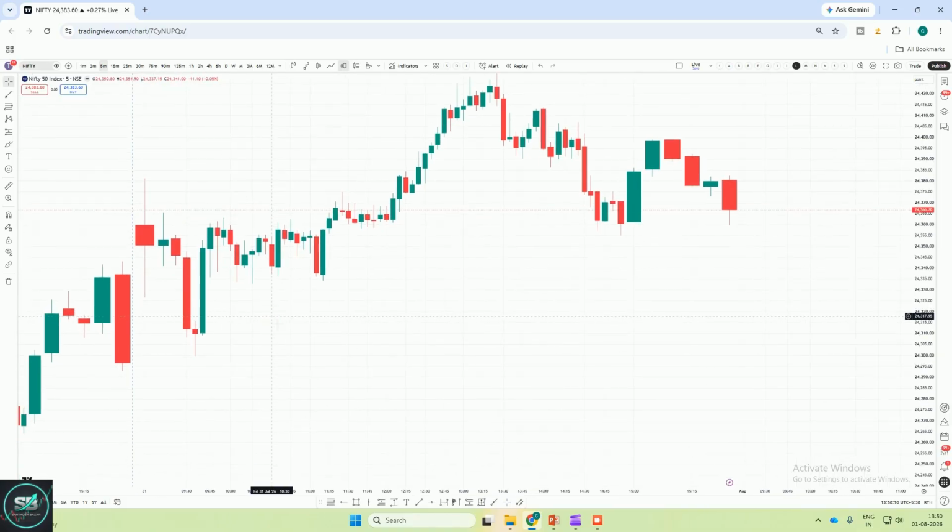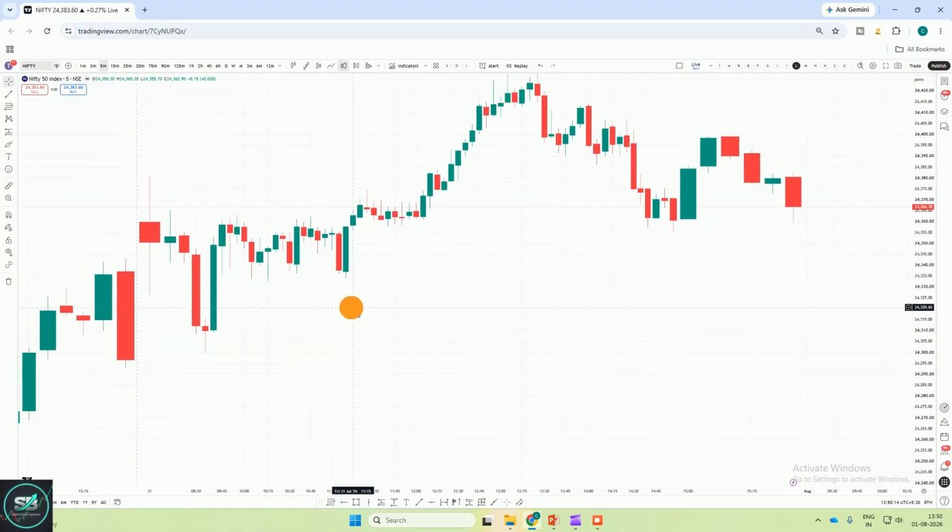Before that, let's understand what a normal FVG looks like. As we discussed, for a normal FVG, we should be identifying 3 candles where the first candle high and the third candle low have a gap.